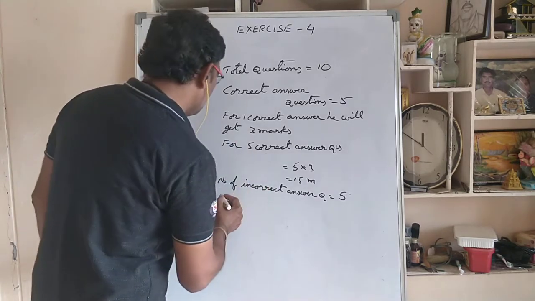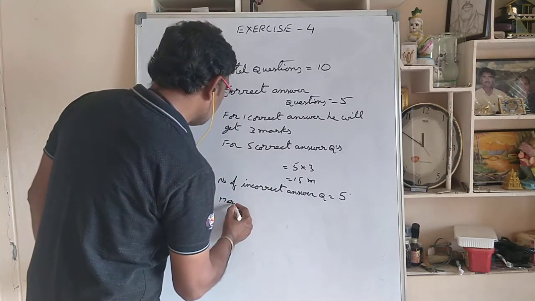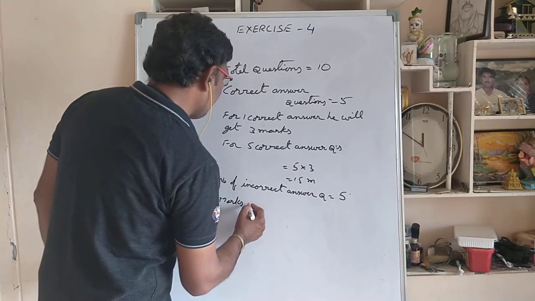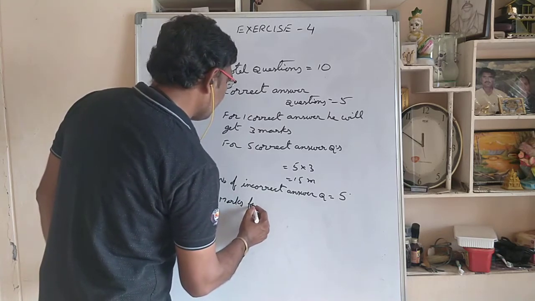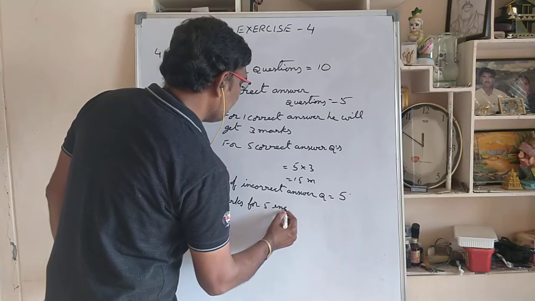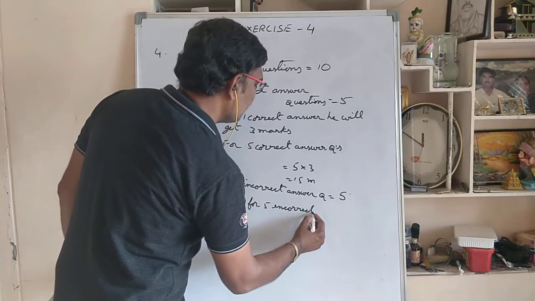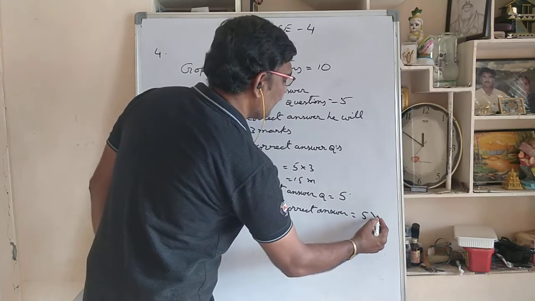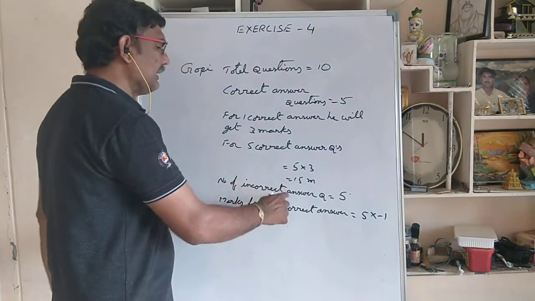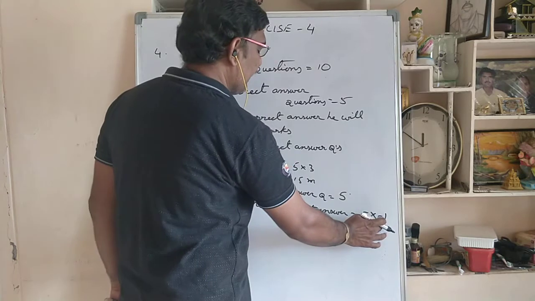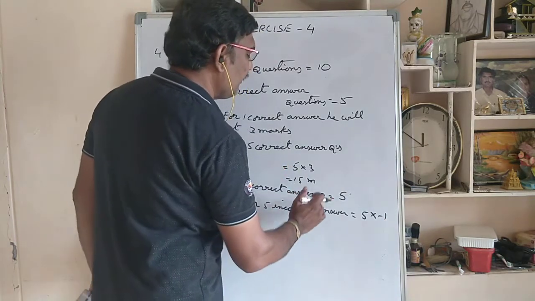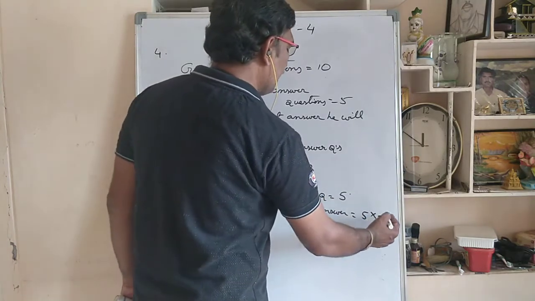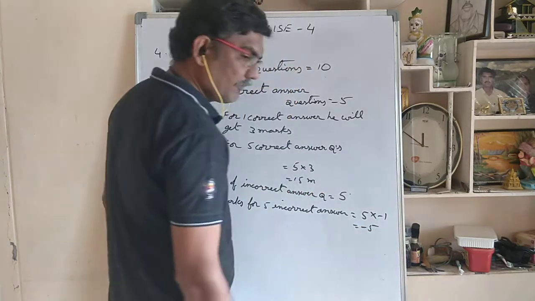So for one incorrect answer, minus 1 mark. For 5 incorrect answer questions, 5 into minus 1, that is minus 5.